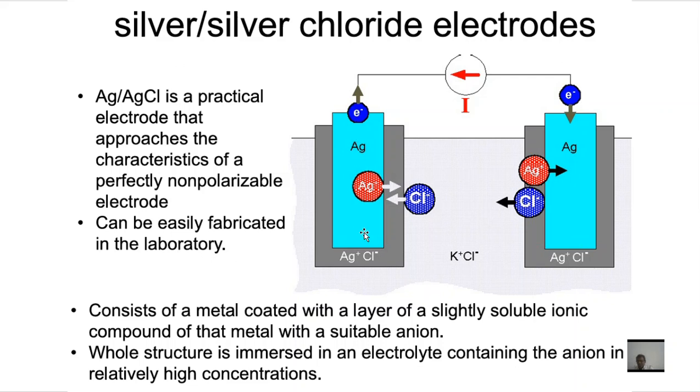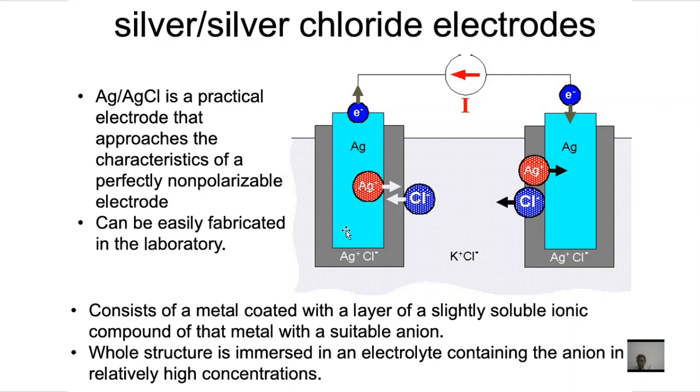Okay, so on one side we have silver immersed, and on another side we have silver immersed in the potassium chloride solution. The potassium chloride solution separates by ionization into potassium K plus ions and chloride minus ions.